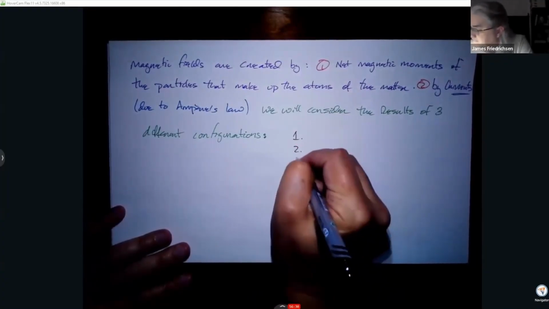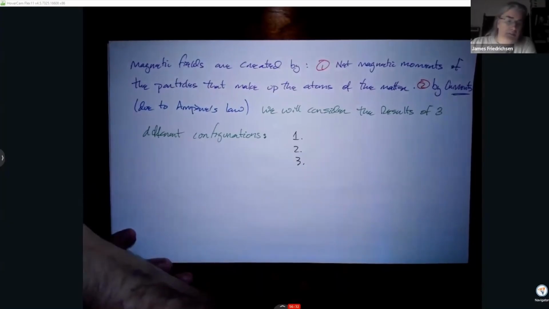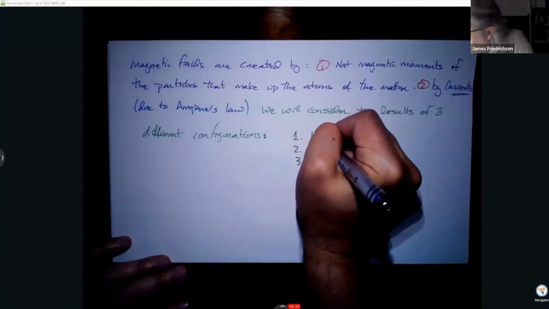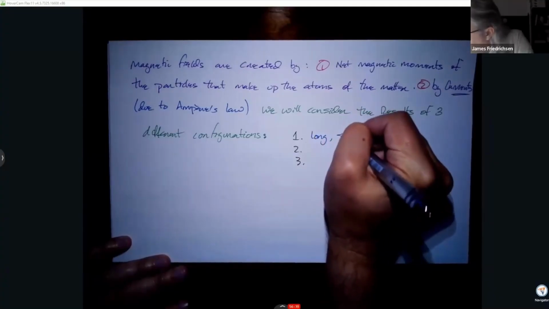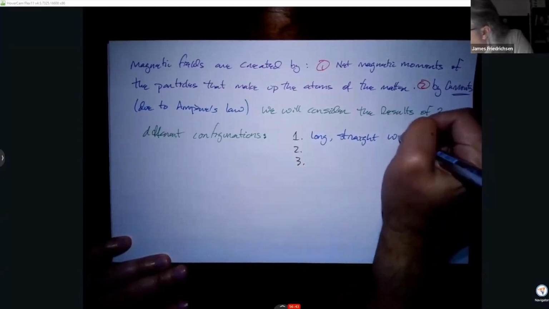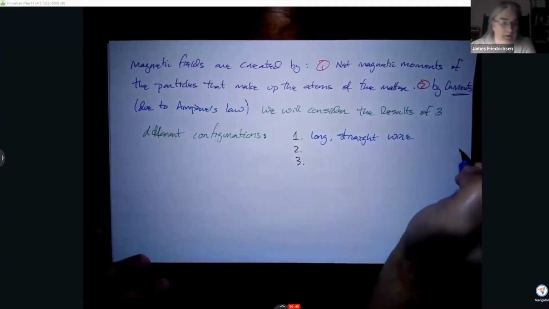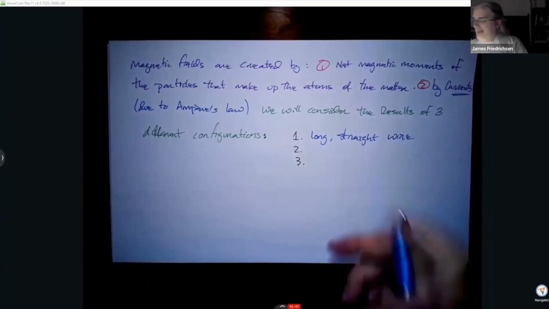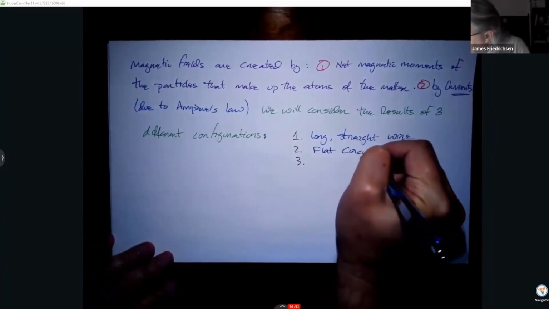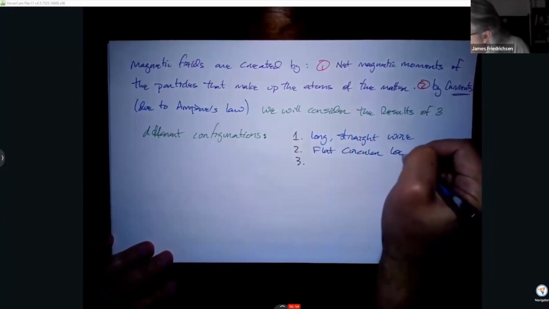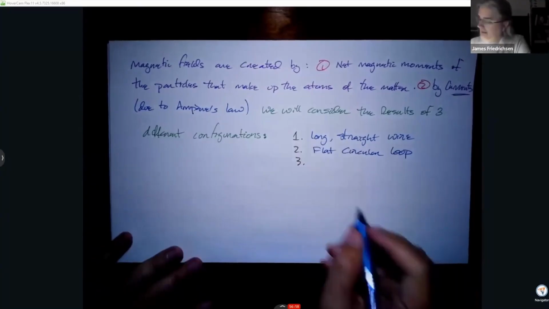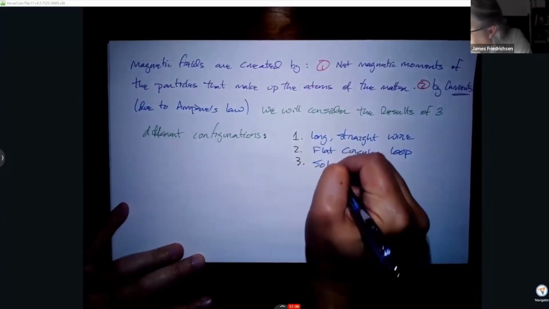Those are: we're going to look at what they call the long straight current carrying wire, of course. We're going to look at a flat circular loop of wire that carries a current. And we're going to look at a solenoid.